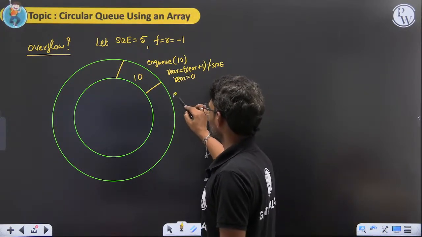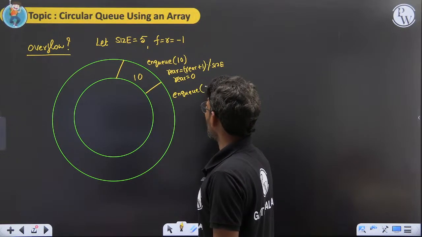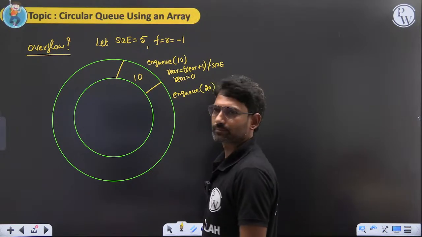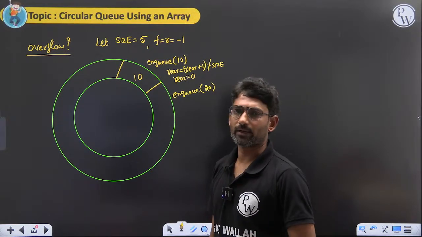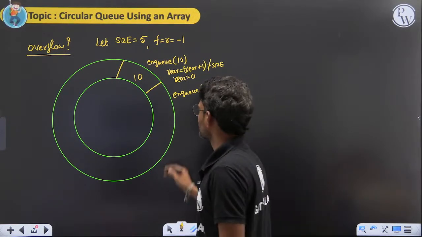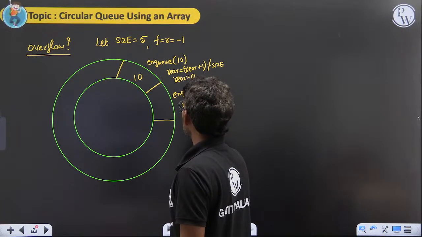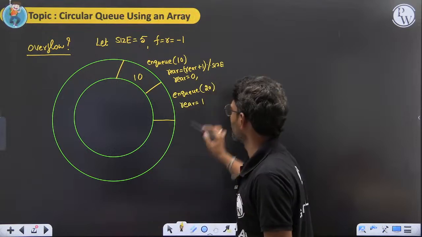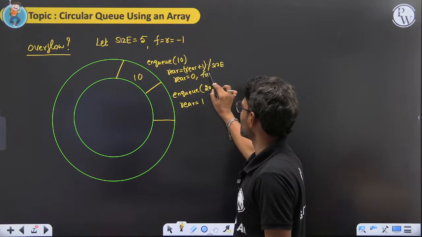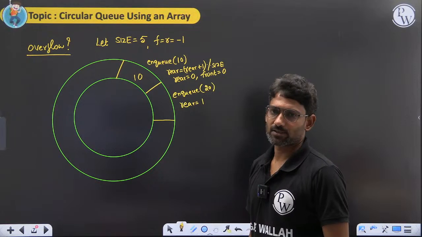Similarly, let's say I enqueue 20. Rear becomes 1, and in the first insertion we should manually set front also to 0, right?